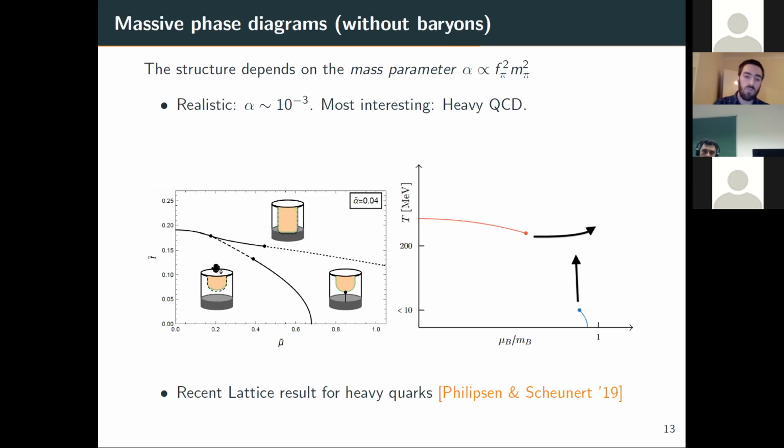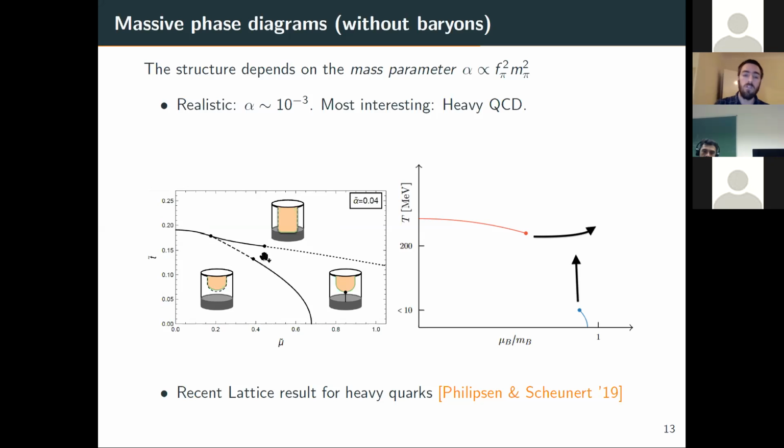And it allows you to connect continuously all the phases in the model in this way. So you can go from mesonic to the low temperature quark to the high temperature quark solution without ever jumping. And that's very nice, and that's the type of thing you expect when you include the pion mass.